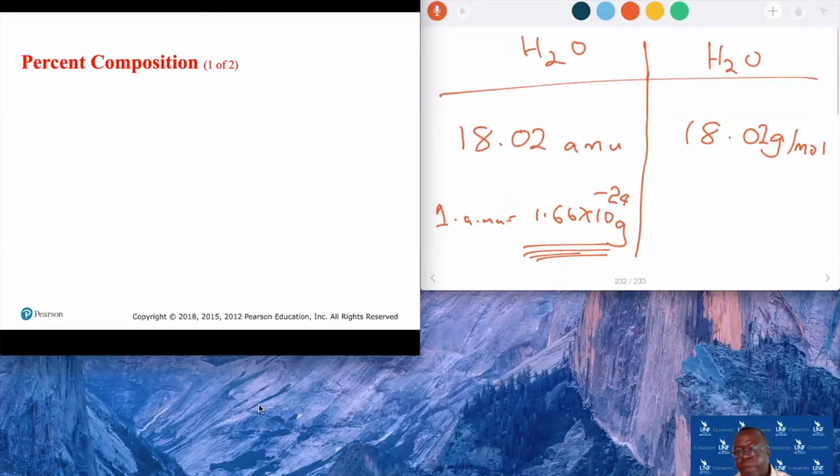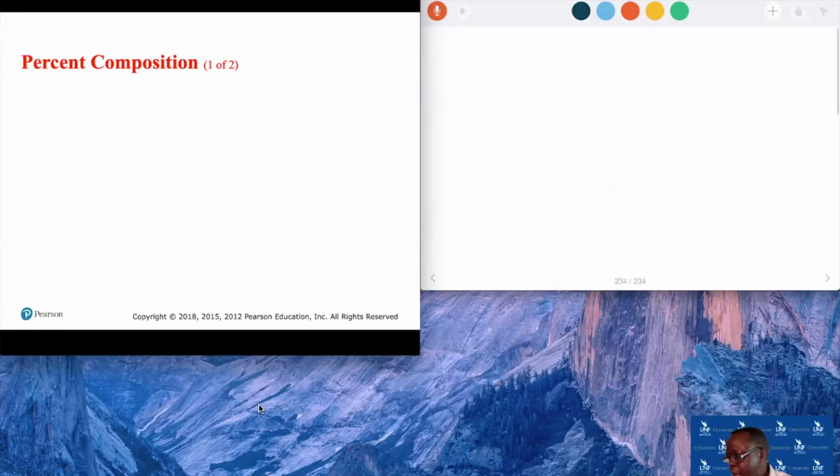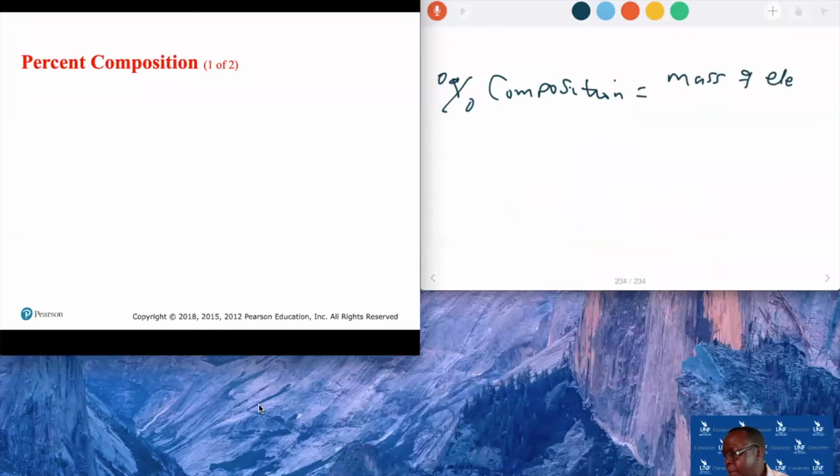We can loosely define that as: percent composition is given by the mass of element, in this case, over the mass of compound, times 100%.